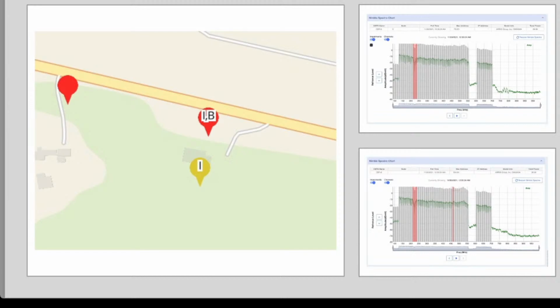Sometimes we have subscribers that are intermittent, meaning that their transmit signal fluctuates over time. And cable modems should have a pretty consistent transmit power from one day to the next. It shouldn't vary over time. We'll see that both of these modems have a varying transmit power throughout the day. That's not a good thing. We'll talk about why.